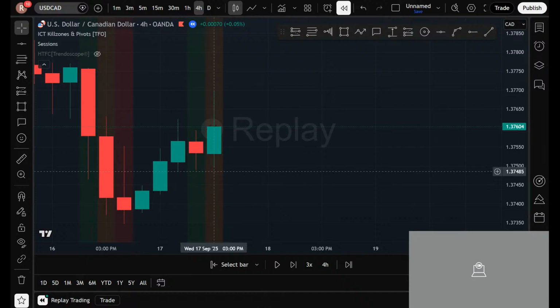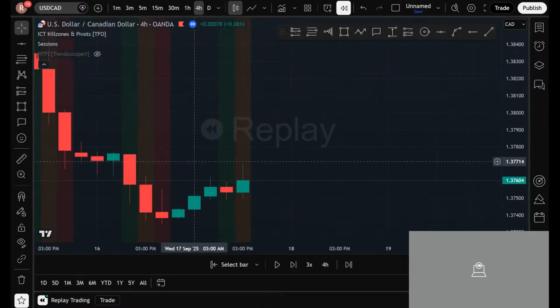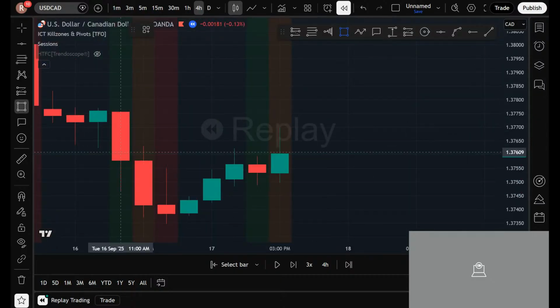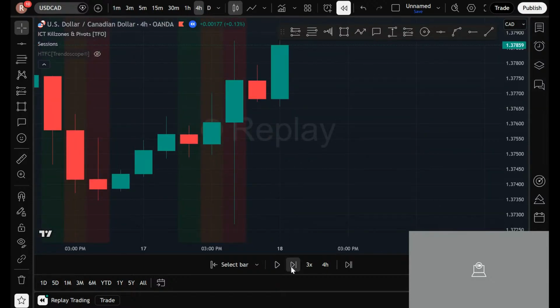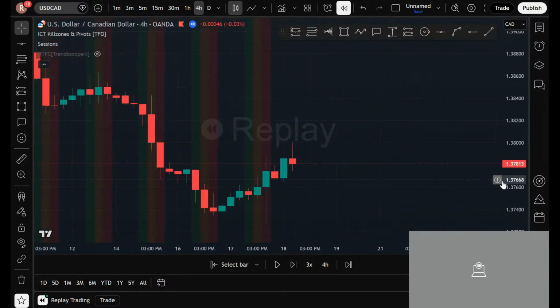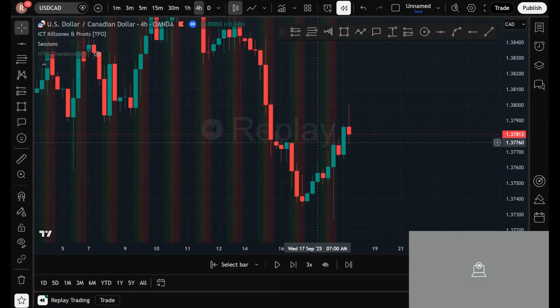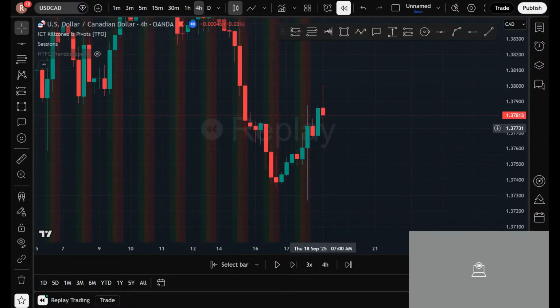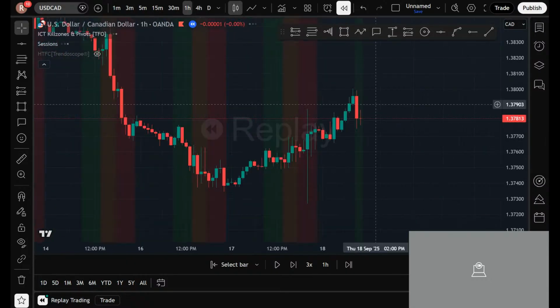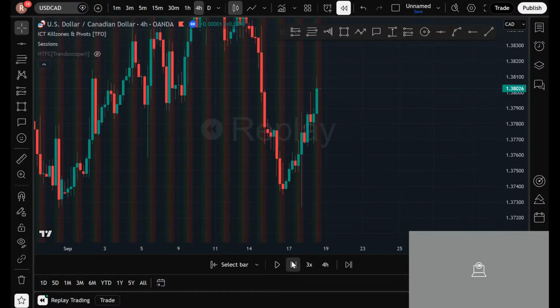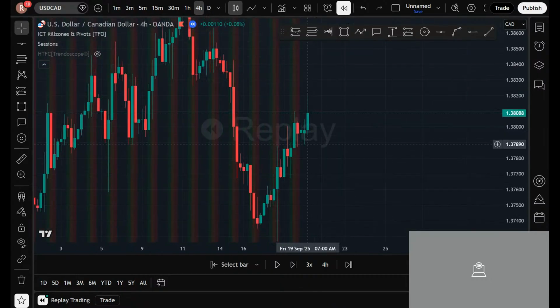Because I knew this candle was going to print bullish. This candle was kind of bullish, but it didn't. It's fine. Sellers, buyers are so weak. Sellers are also weak, but I don't know this day. Buyers are kind of weak.